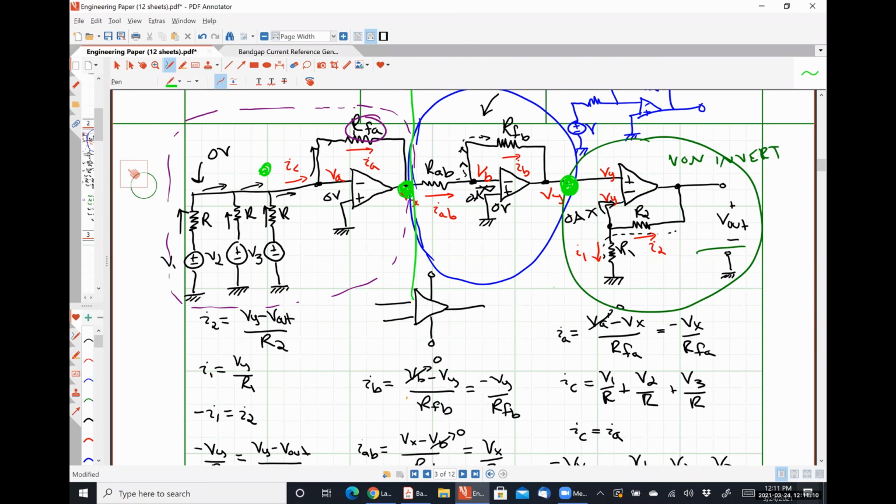For the middle stage, I have some input signal being applied at the inverting terminal, so it is an inverting amplifier. For the third stage, my input signal, whatever it is, is applied to the non-inverting terminal, so it's a non-inverting amplifier. That's it. It also helps to know what they look like individually if you want to study.